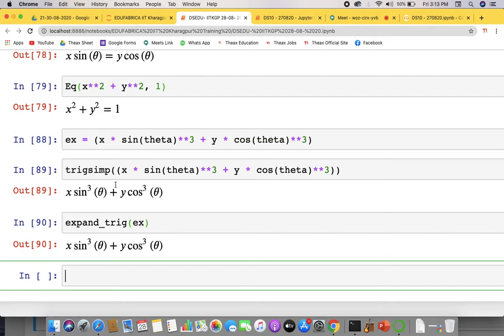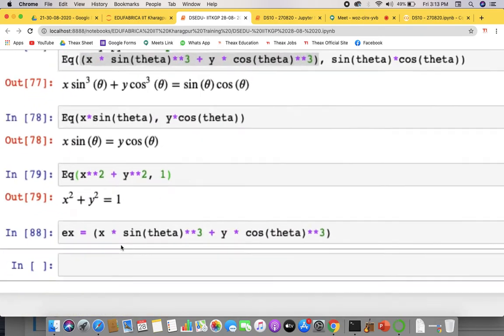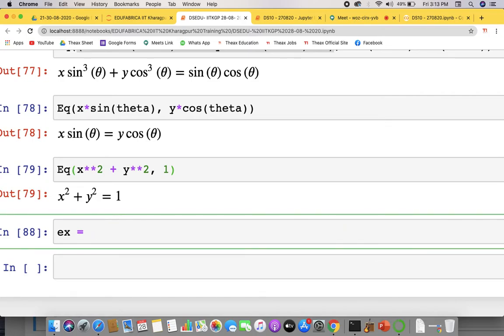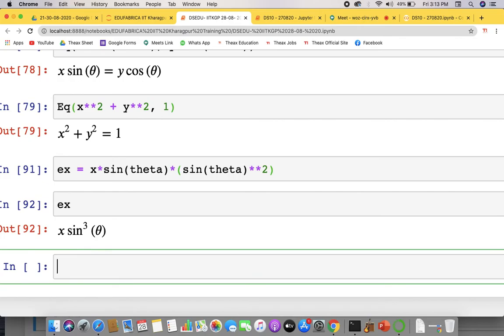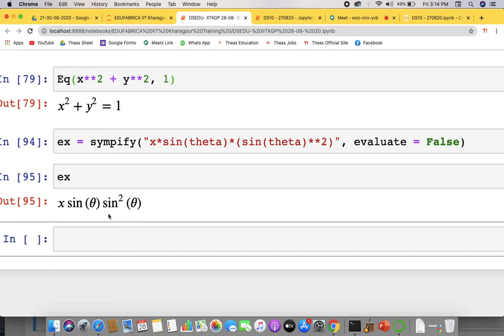If we can factorize this, what if we write the equation like this instead: x sine theta multiplied by sine squared theta. Is it working? Yes.